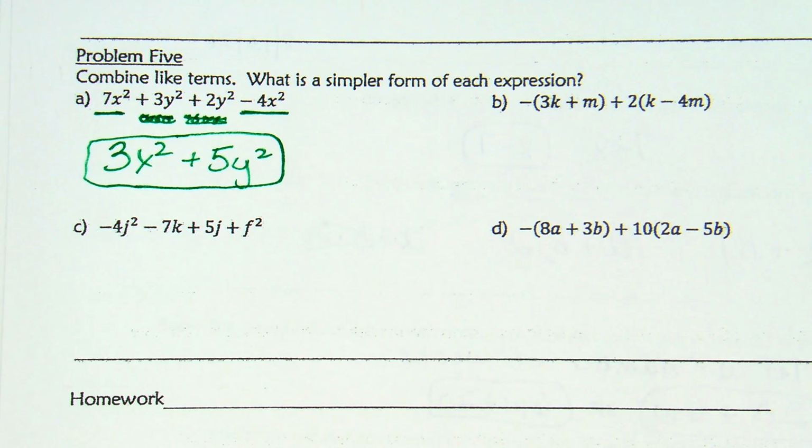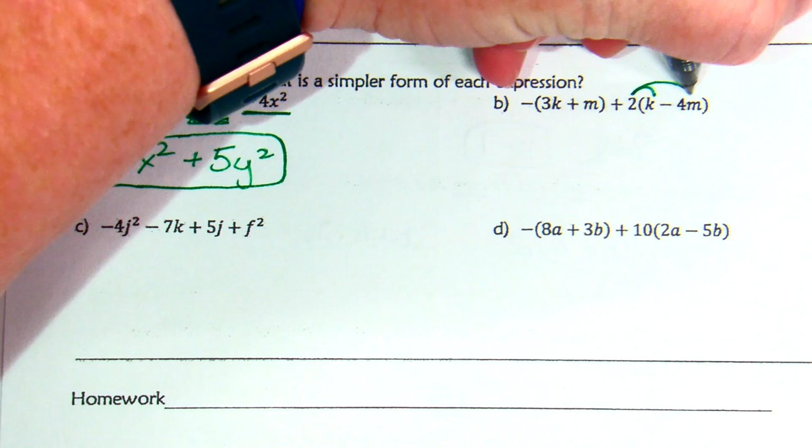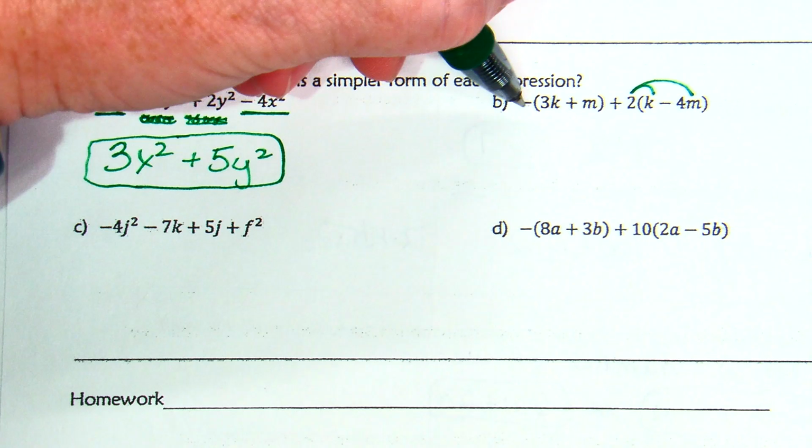Then the next parentheses I'm distributing 2. So plus 2 times k is 2k. And then it's minus 2 times 4m, which is 8m. Yes, okay, so I wrote it as -1m in here.